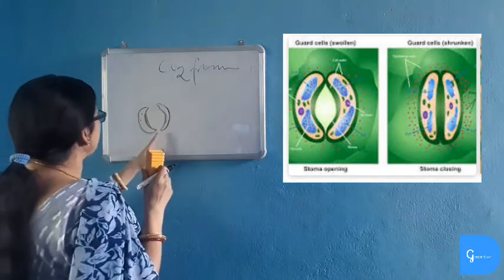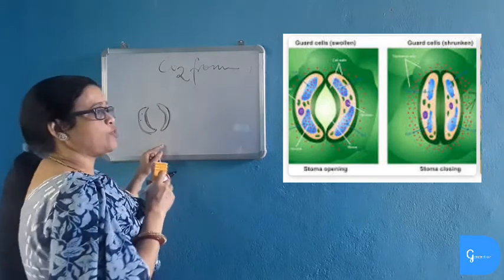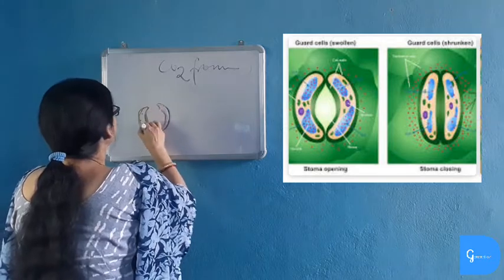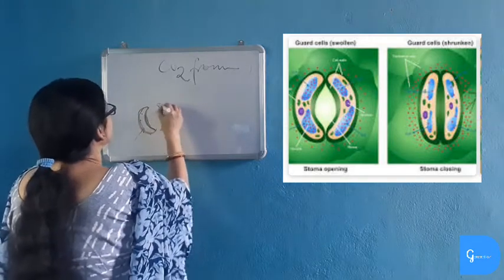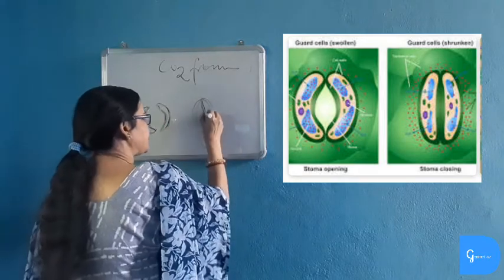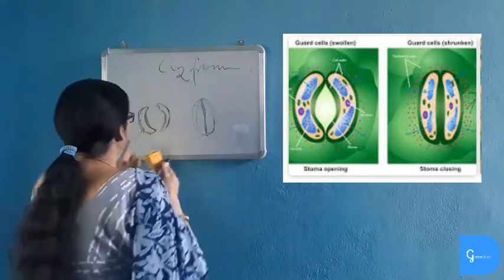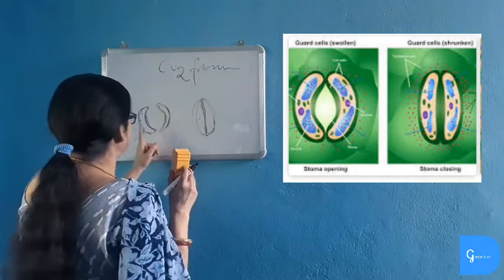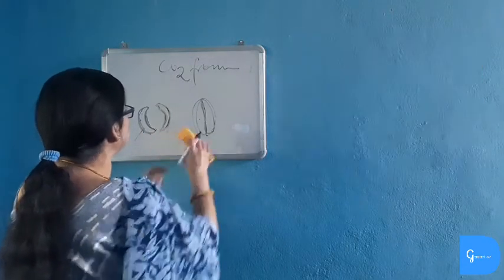The function of the guard cells depends on the turgidity of the cells. When water flows into the guard cells, they become turgid and the stomatal pores open. When there is no water, the guard cells shrink and the stomatal opening closes. So opening and closing of stomata depends on the movement of the guard cells, and guard cells depend on the turgidity of the cells.